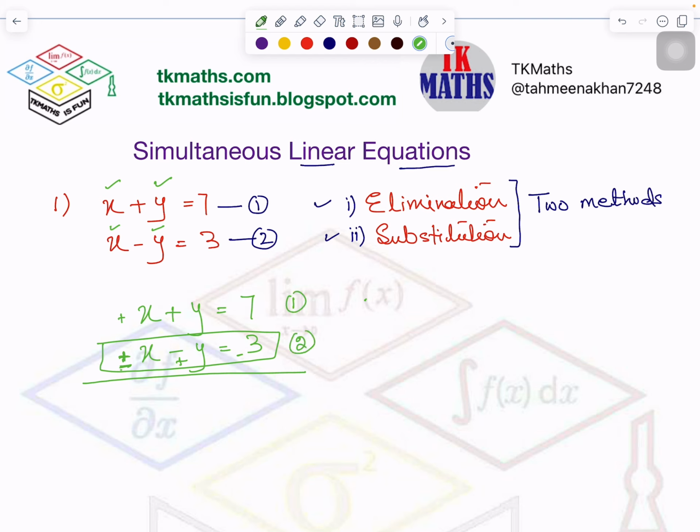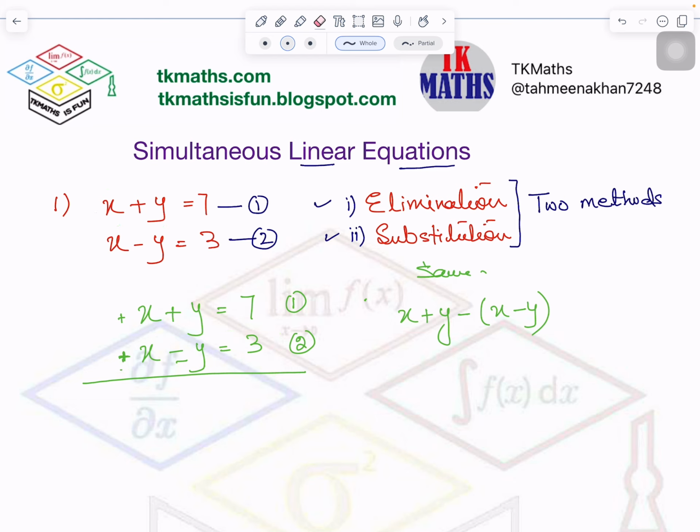When I say subtract the two equations, because initially the sign of x is the same, when we subtract, if you see horizontally, did you notice what I did? I have subtracted equation 2 from equation 1, right?